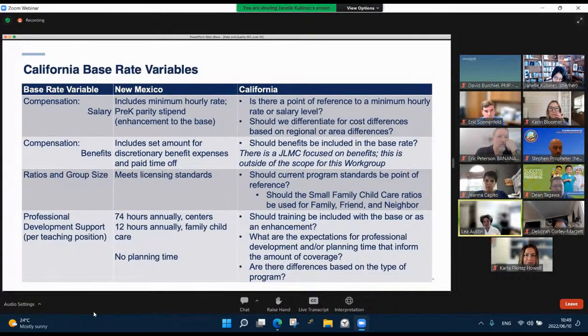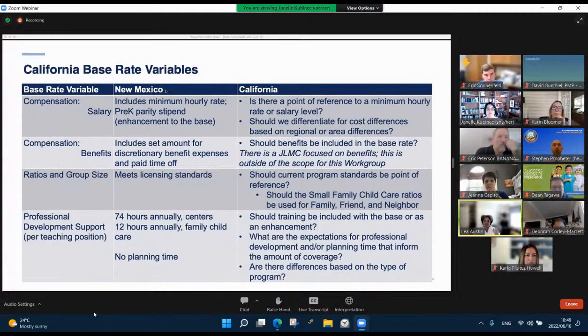And many programs are serving a mix of kids who have subsidy and kids who don't have subsidy. So what would that mean if they now have a different ratio imposed on them, but aren't getting the same reimbursement rate for other children in their program or something like that? I don't know. It just seems very confusing to me. So I can't in my head figure out how that would work.